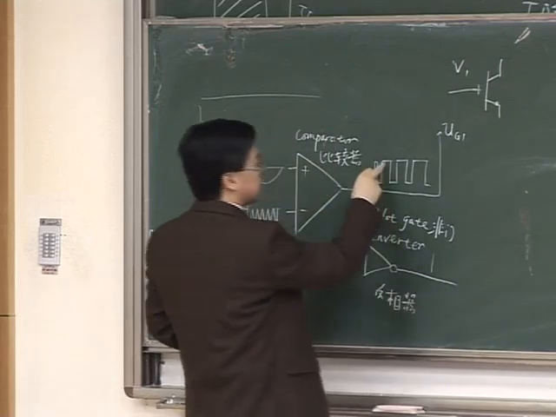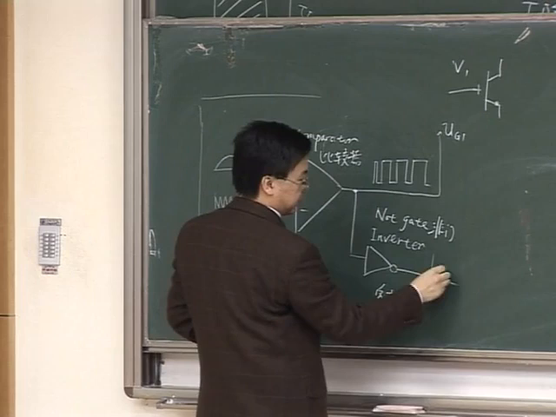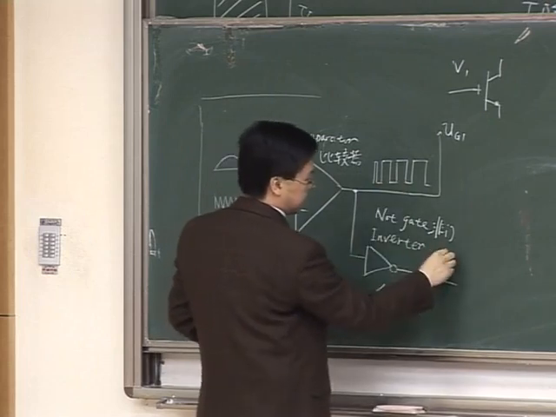So when this is high level, this is low level, 0. When this is low level, this is high level.